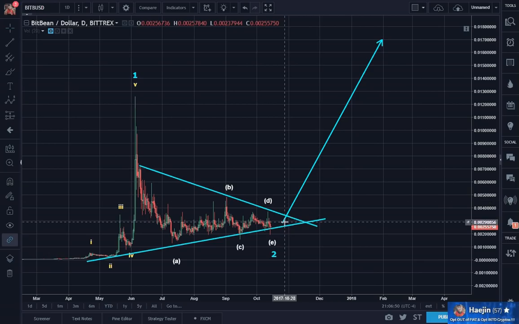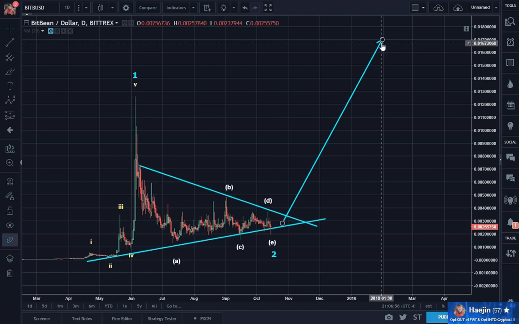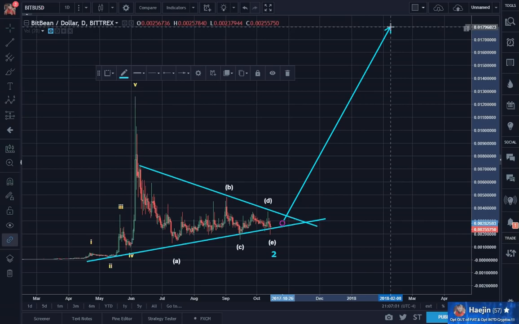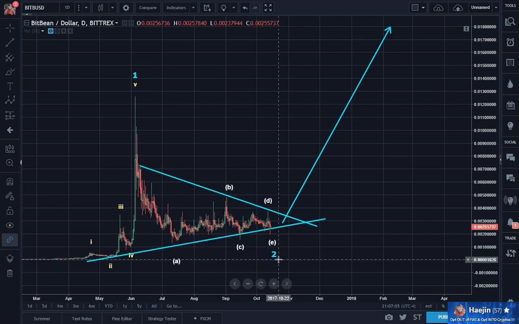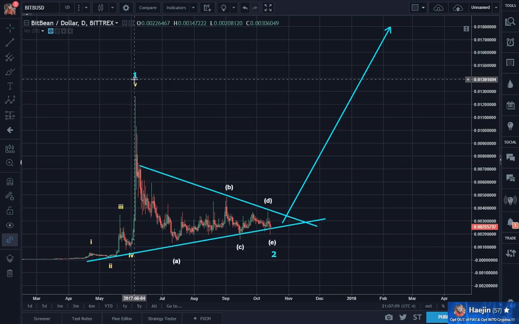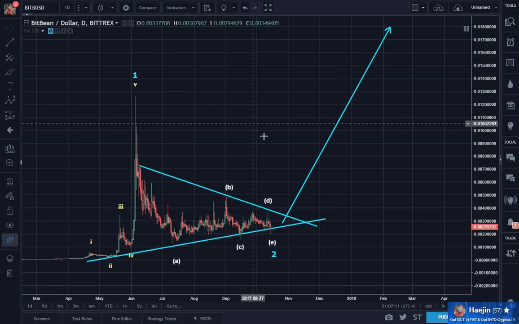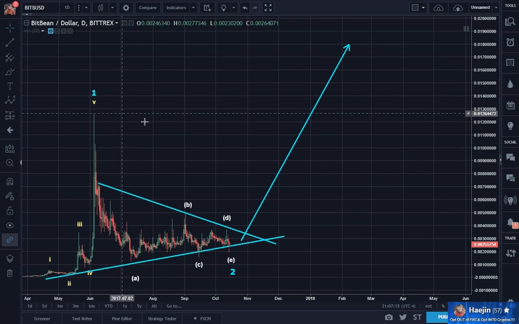And you might be wondering, how do I know when to stop my drawing of wave 3? Well, if wave 1 was here, I'm going to extend it by 1.618. So this wave 3 will be about 1.618 of wave 1. And in cryptos, that's what I'm usually seeing.